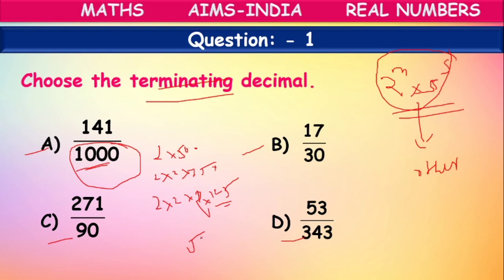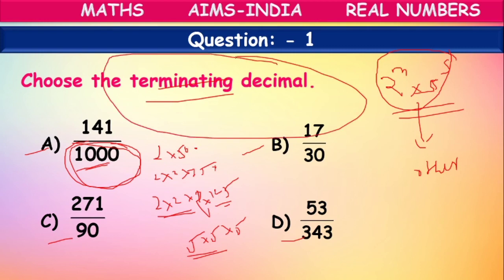So 125 can be written as 5 into 5 into 5. So we have three 2s and three 5s in the prime factorization of the denominator, which is 1000. So it has only 2s and 5s as its factors. That's why option A is an example of a terminating decimal.